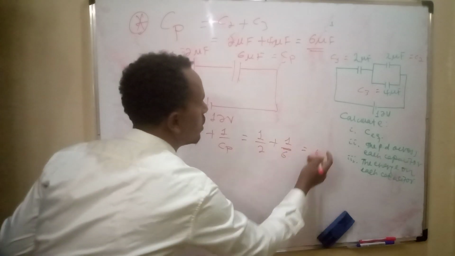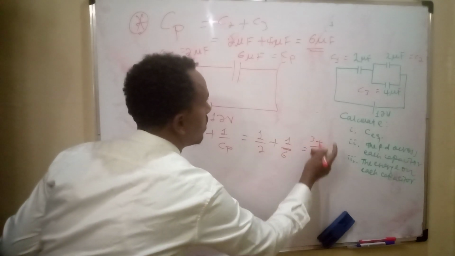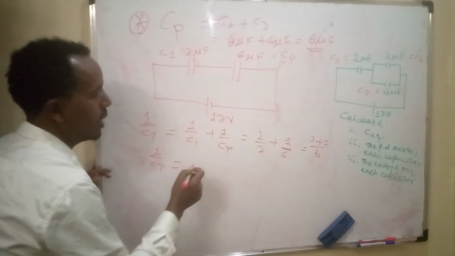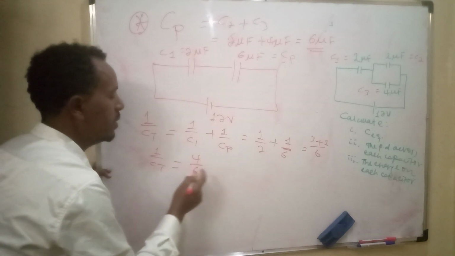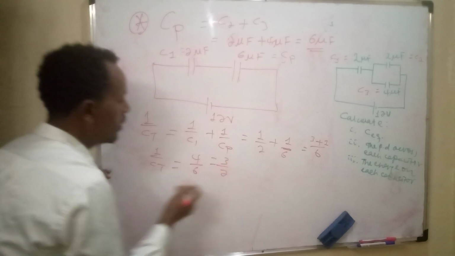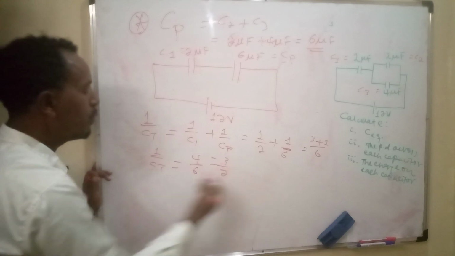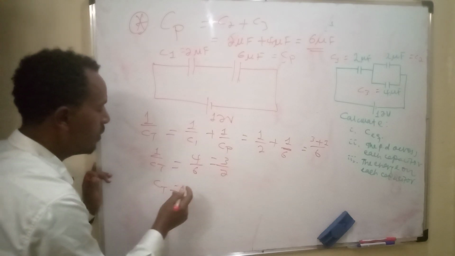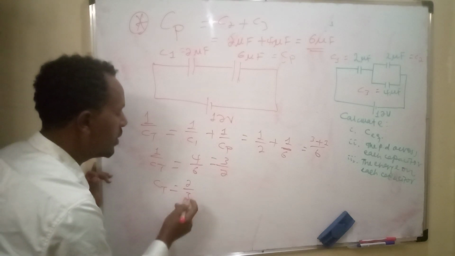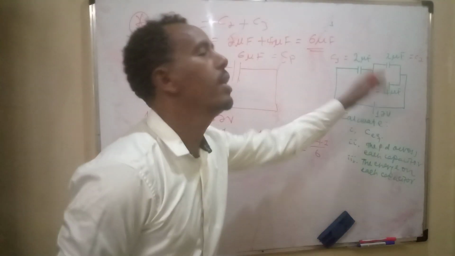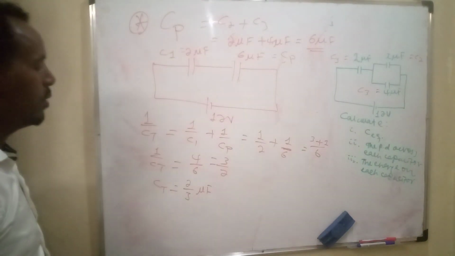That is 3 plus 1 over 6, so 1 over C total is equal to 4 over 6, which is 2 over 3. Take the reciprocal of this number. C total is equal to 3 over 2 microfarad. This is the total capacitance of the circuit.